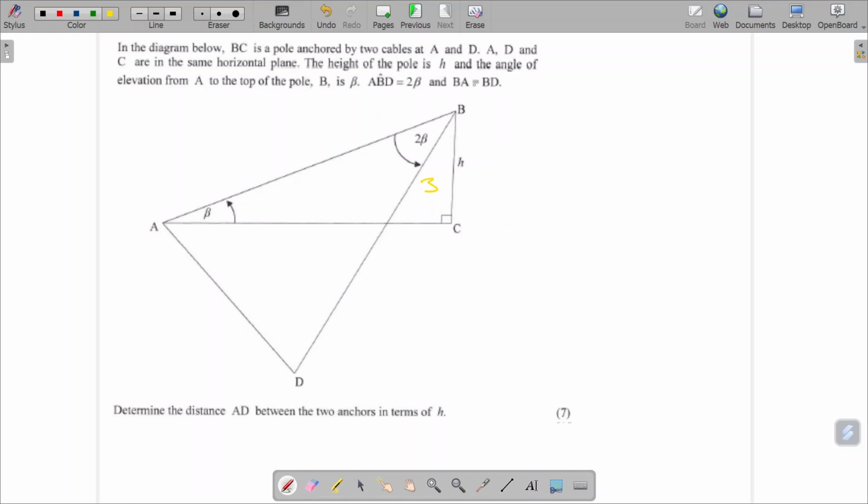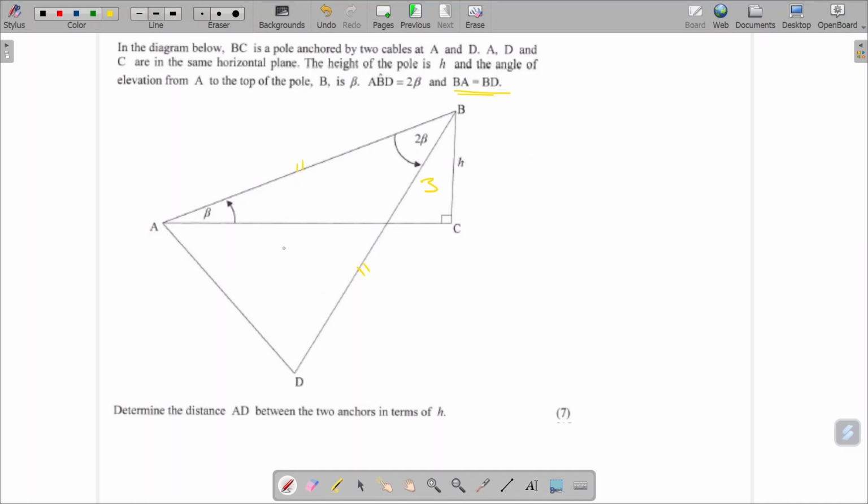Yes, we know a third fact, BA equals BD. We don't know how long they are, but we do know that these 2 things are equal. So currently in this big triangle, starting down here, we know 2 facts.